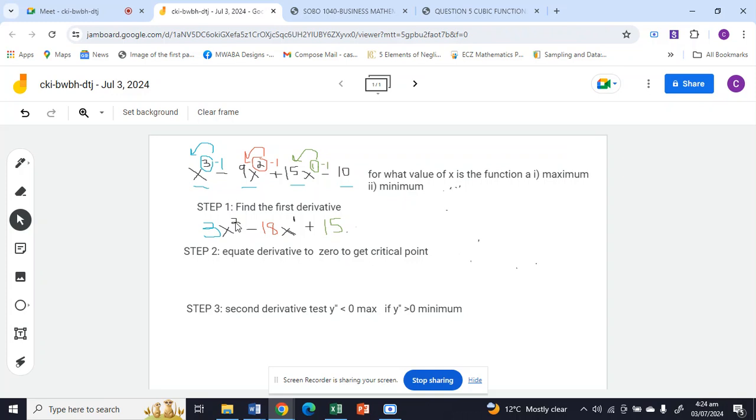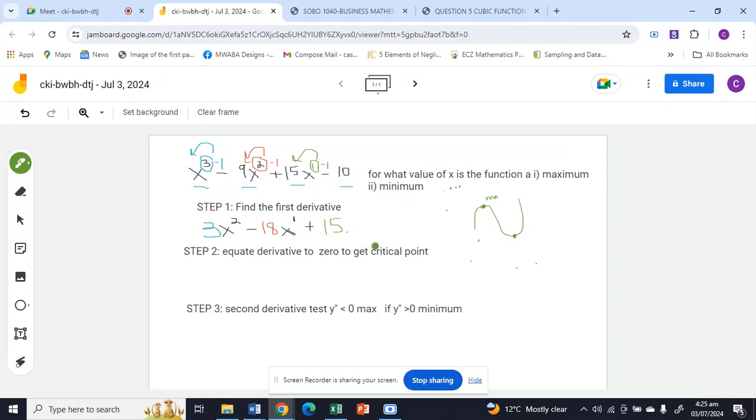So for step 2, we need to equate the first derivative to 0 so that we can get our critical points. Remember, our critical points are the points on the cubic function where the gradient is 0. So here where I said the maximum value and the minimum value there, those 2 points are our critical points.